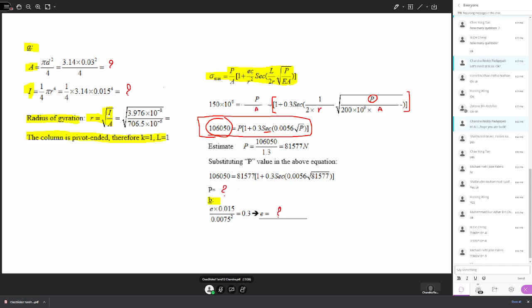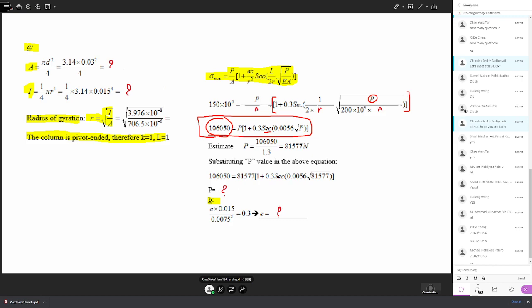Now you need to choose appropriate values for P. Choose some estimated values for P, evaluate this equation and compare with your right hand side.